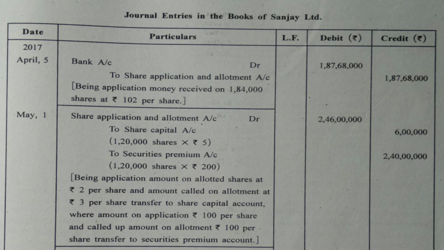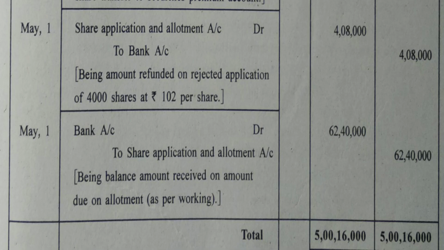Because in the second journal entry, we are writing allotment money that becomes due, and there is no separate journal entry for showing the advance money pro rata on the shares. The third journal entry is about rejection of shares: 4,000 shares at rupees 102 per share have been rejected, and the amount received with the application has been returned.